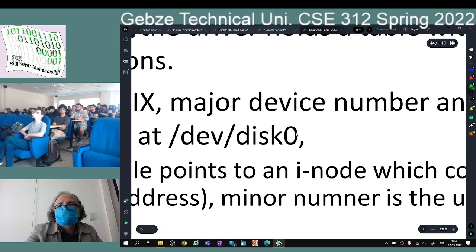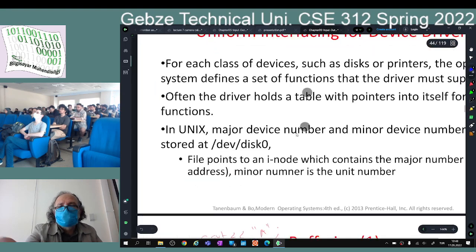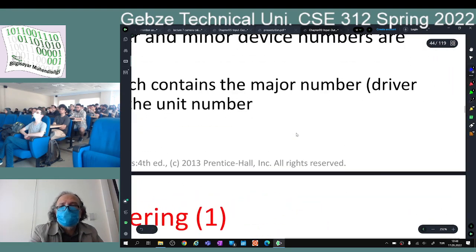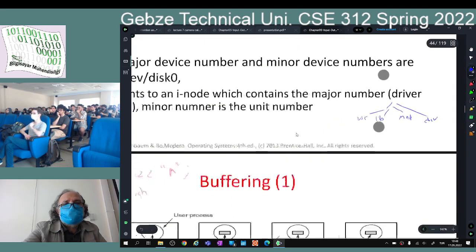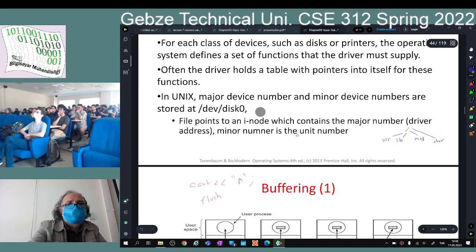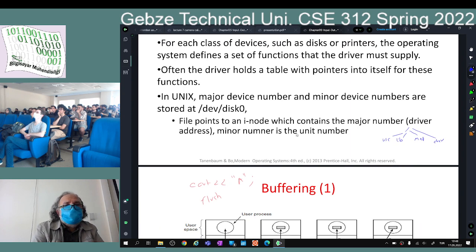Remember the Unix structure. At the root, we have the user directory, the libraries directory, the mount directory, and the devices directory. Under the devices directory, we have the device drivers for each different type of device.